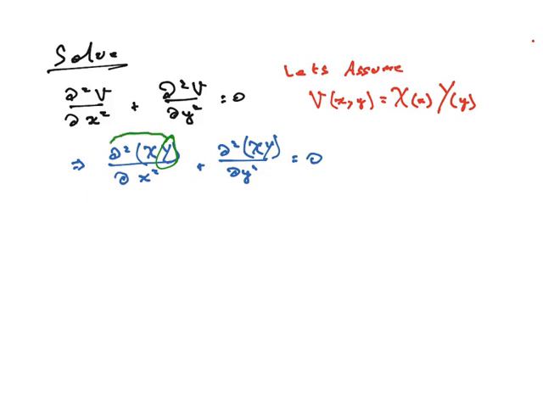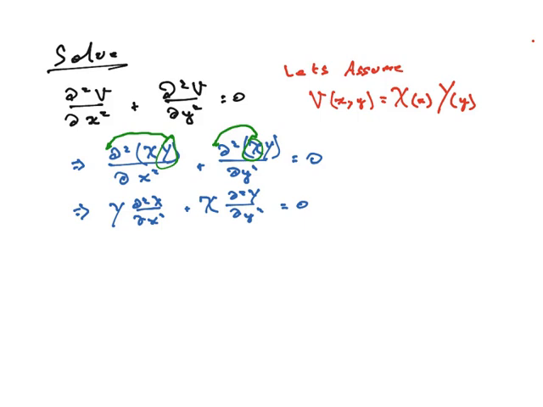So I could actually take it out of the derivative and put it out in front. And same thing over here. This X piece is not going to get hit by this derivative, so let me just take it out front. And so now this looks like Y times the second derivative of X with respect to x squared plus X times the second derivative of Y with respect to y squared is equal to 0.